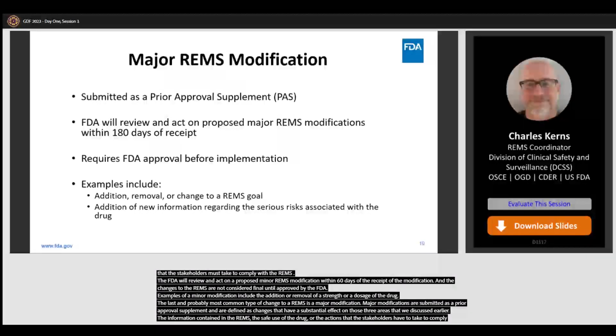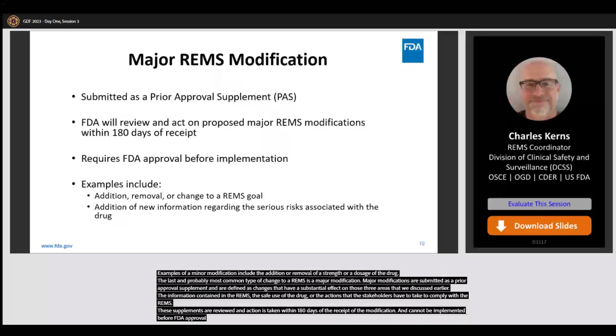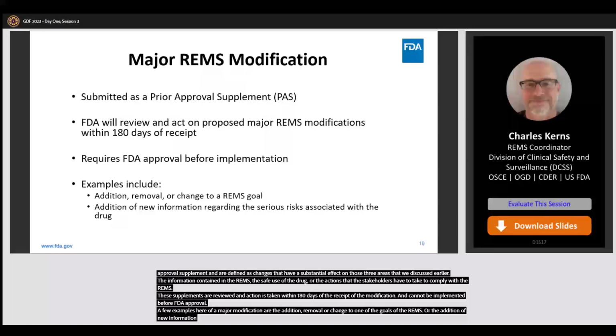These supplements are reviewed and action is taken within 180 days of the receipt of the modification and cannot be implemented before FDA approval. A few examples here of a major modification are the addition, removal, or change to one of the goals of the REMS, or the addition of new information regarding the risks related to the drug.